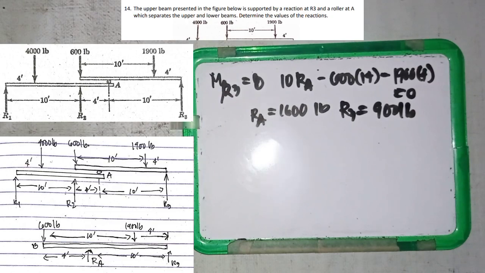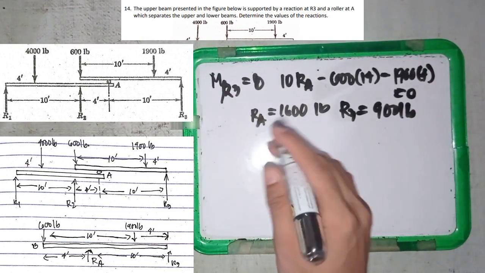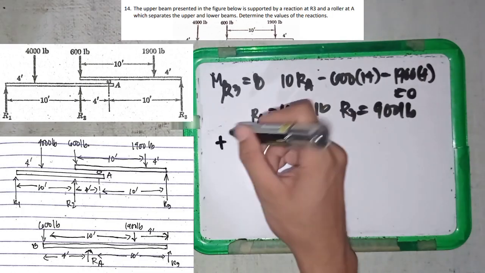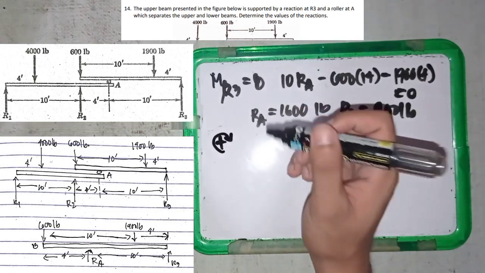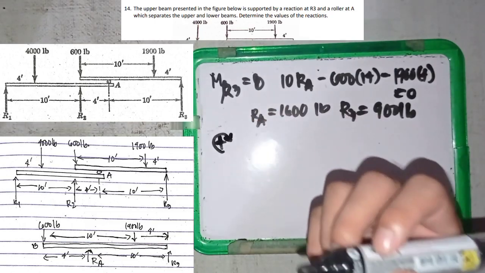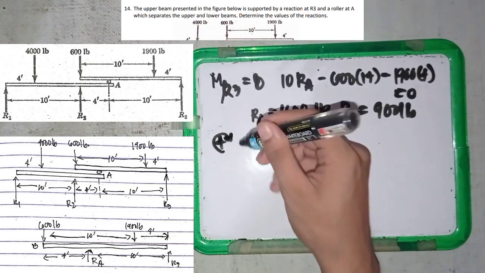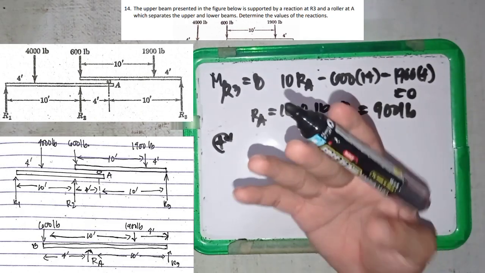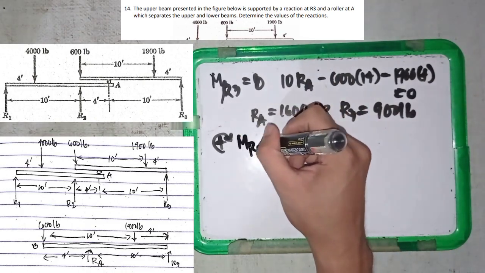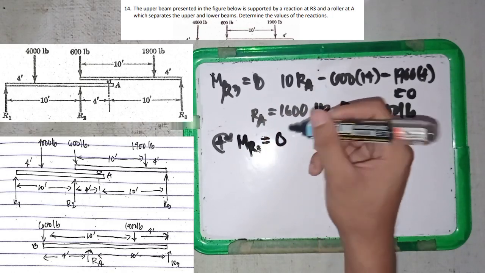Next is the second beam, or the lower beam. Let's say clockwise is positive, and let one of the forces be equal to 0 so that we can isolate one force. We select reaction force R1 as 0.